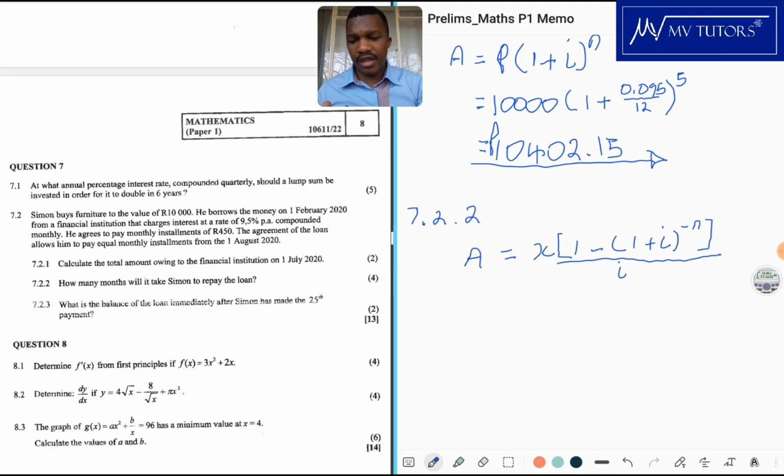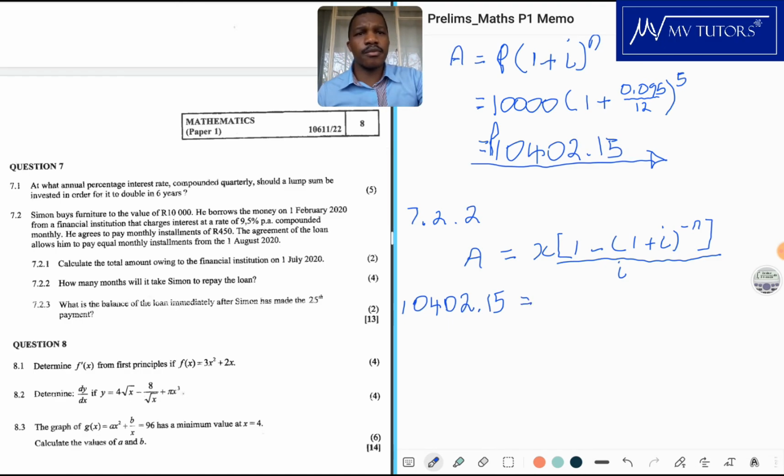And in February he owes 10,000 rand. But if you look now, on the 1st of July, he no longer owes 10,000. He owes 10,402, and he's going to start paying that amount on the 1st of August. And so that is why our A value is going to be 10,402.15. Just make sure you understand that.